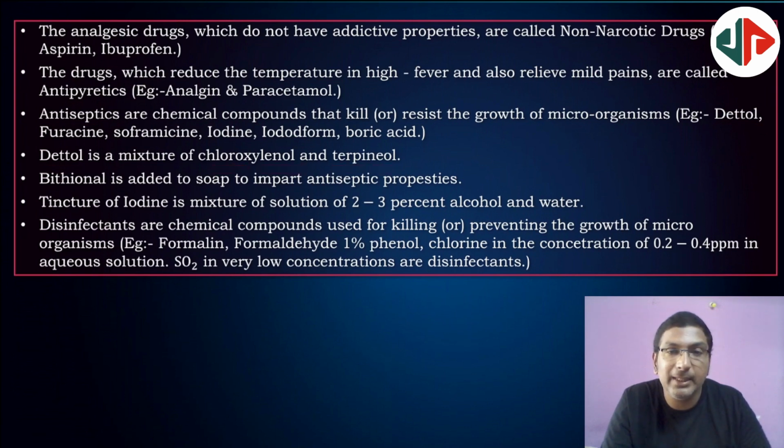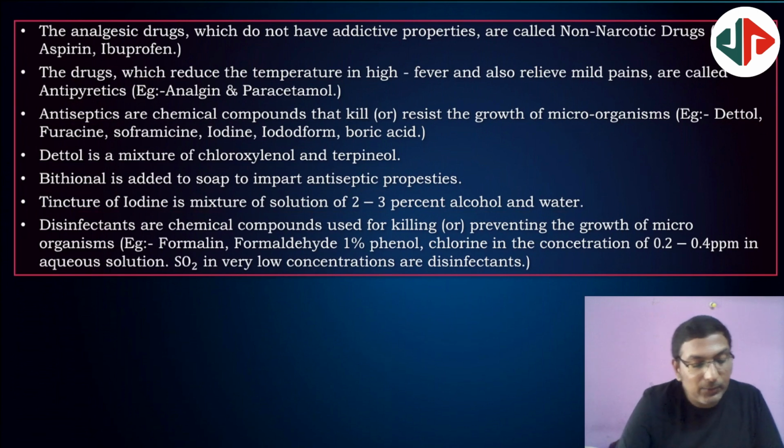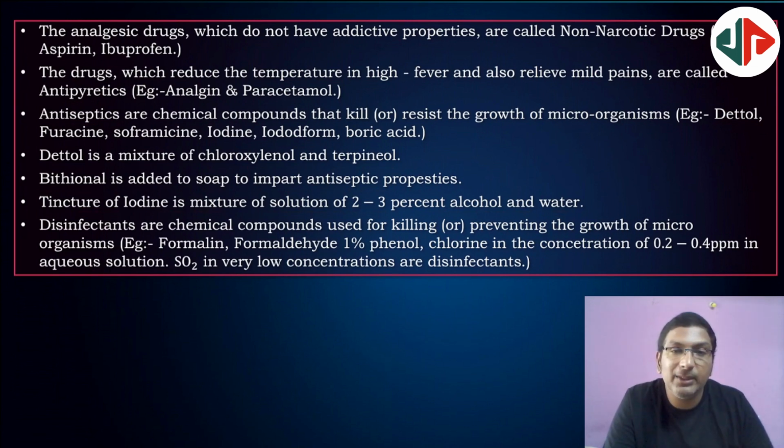This is also an antiseptic. Bithionol is added to soap to impart antiseptic properties. Next, tincture of iodine is a solution of 2 to 3% of iodine in alcohol and water.